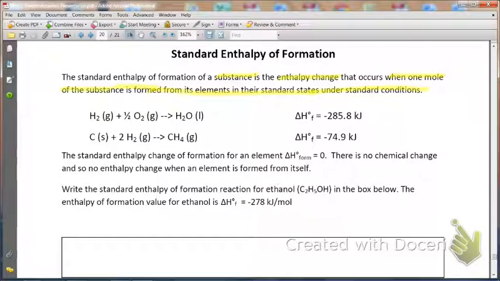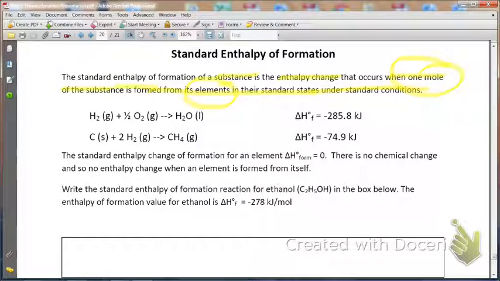Okay? So this definition is quite important and one that you really need to memorize, just like we asked you to memorize the definition of bond enthalpies. The enthalpy of formation is another important definition to have down packed. So again, it's the enthalpy change that occurs when 1 mole, and that's a key, 1 mole of a substance is formed from its elements.